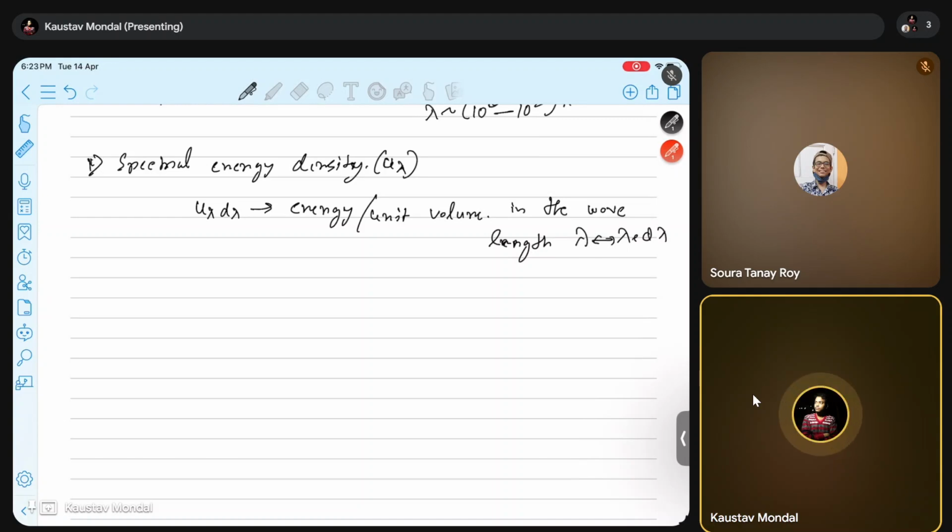As I have discussed, this radiation has a spectrum of different length scales. So U lambda denotes the energy density, that is, energy per unit volume at a particular wavelength lambda to lambda plus d lambda.